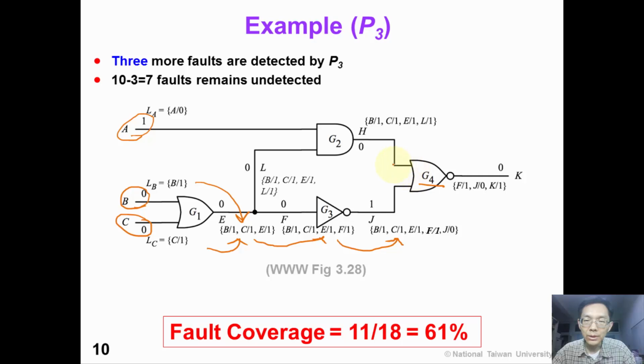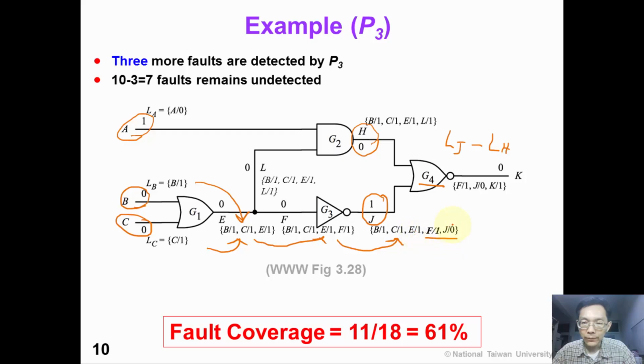Now for the output G4 NOR gate, because H is non-controlling and J is controlling value, so when J is flipped, output would be flipped. So we take the fault list of LJ minus the fault list of LH.